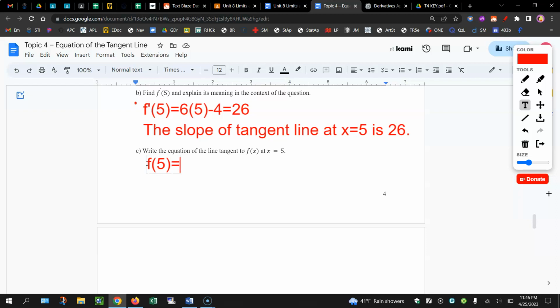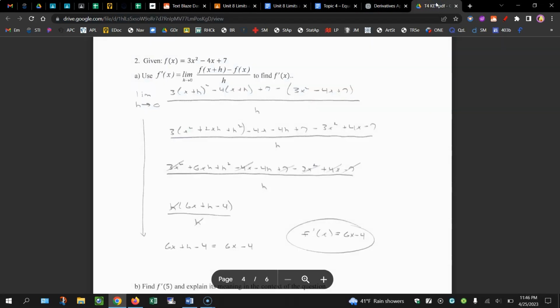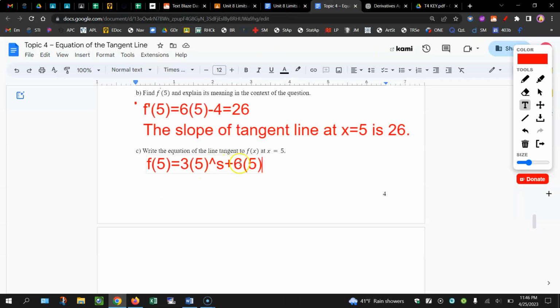So f of 5, plug into the original equation: 3 times 5 squared minus 4 times 5 plus 7 equals, so what is this?